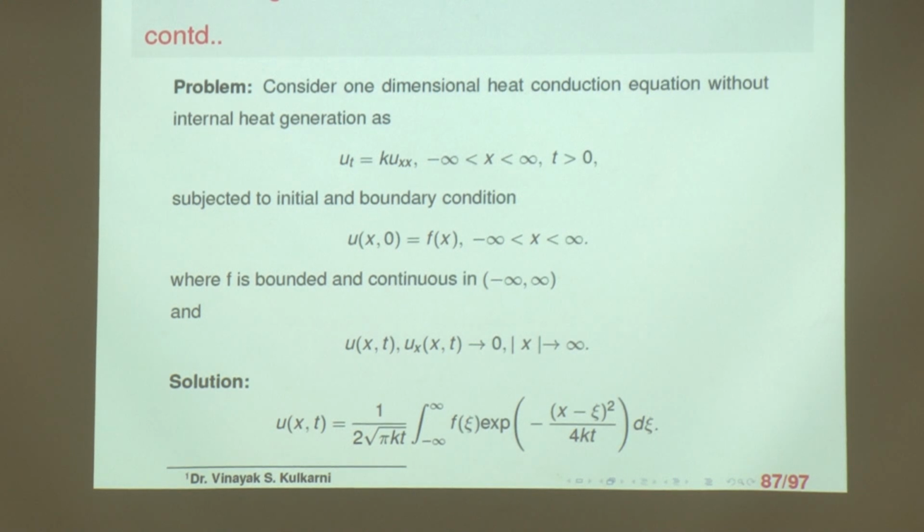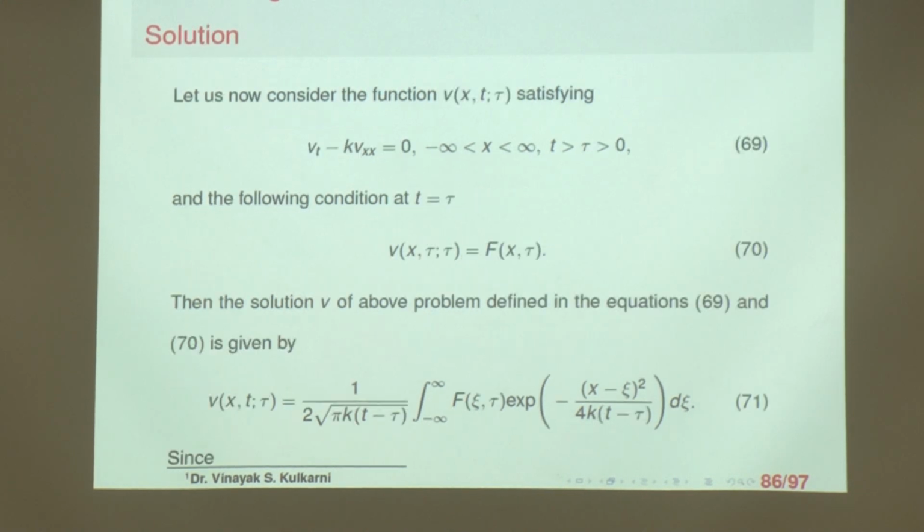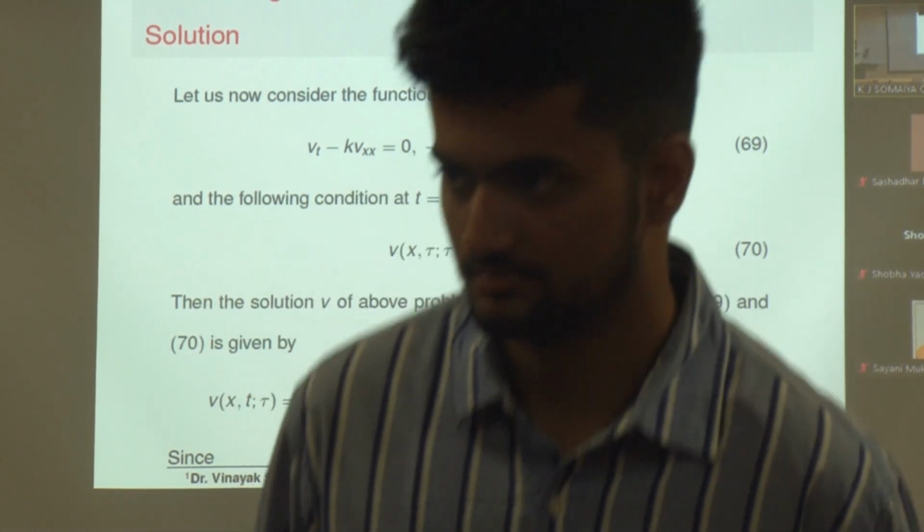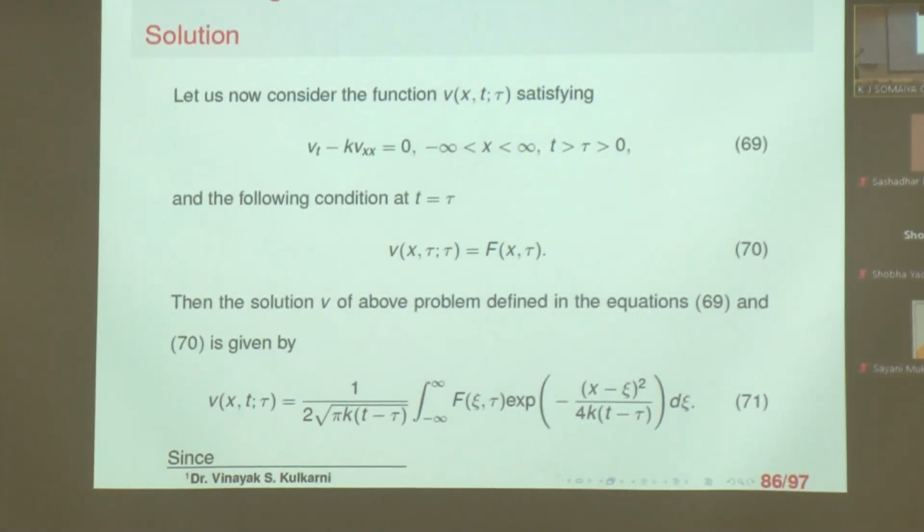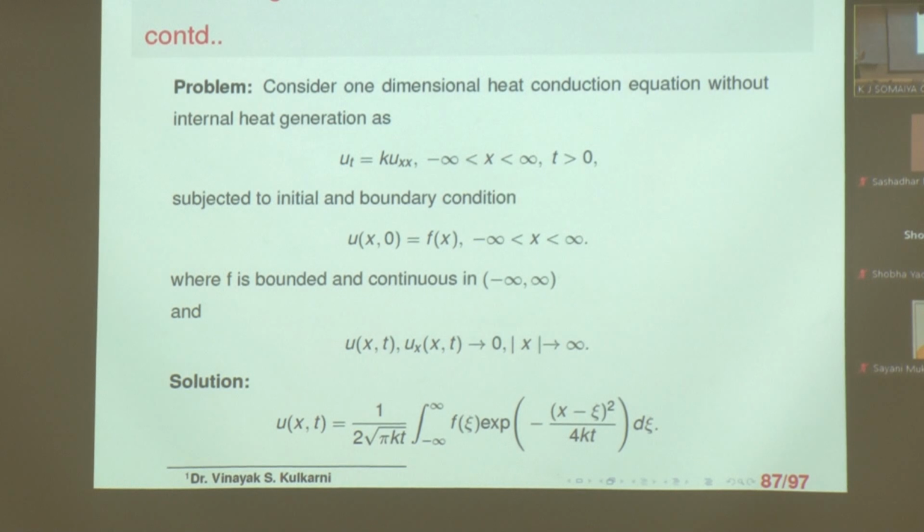It is now a function of x and tau, where x, after converting to the Fourier transform and its corresponding parameters, will of course be xi, and t is replaced by t minus tau. That is the only change. Everything is exactly the same. If you want, you can solve this problem later on as an exercise, but with the help of that earlier problem's solution, I have written it directly.